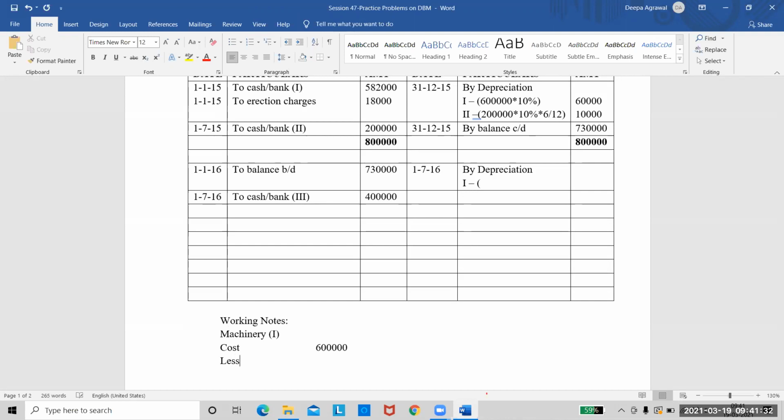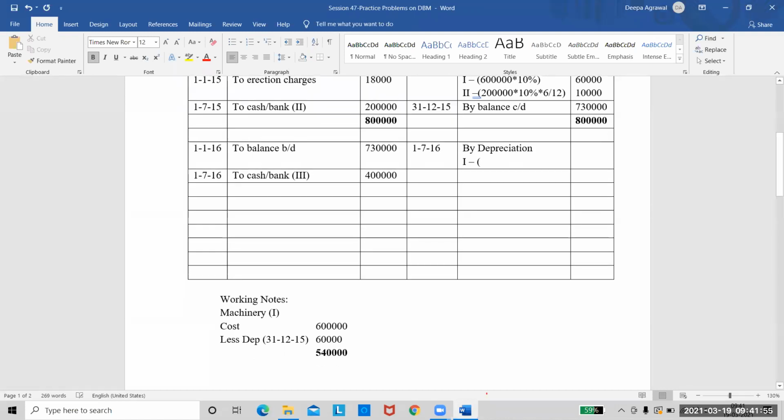So less depreciation, first depreciation was provided on 31/12/2015. And how much was the depreciation? 60,000. So deduct that depreciation. What is the amount you will get? 5,40,000. Now we need to provide the next depreciation, right? And next depreciation, when are we providing?